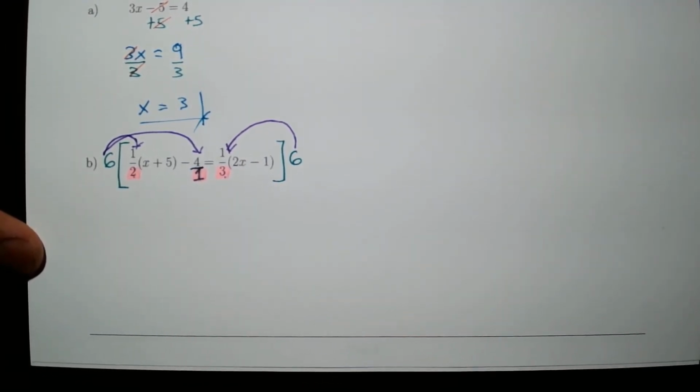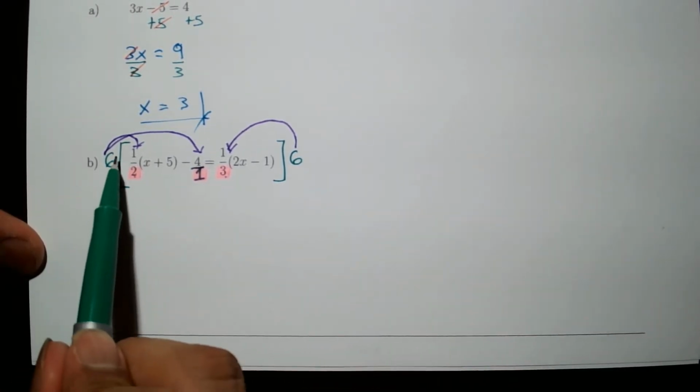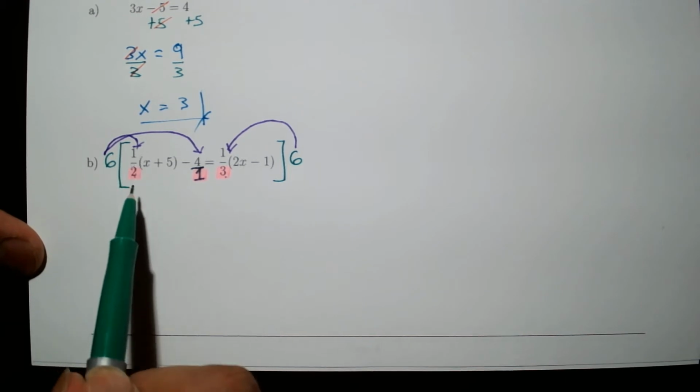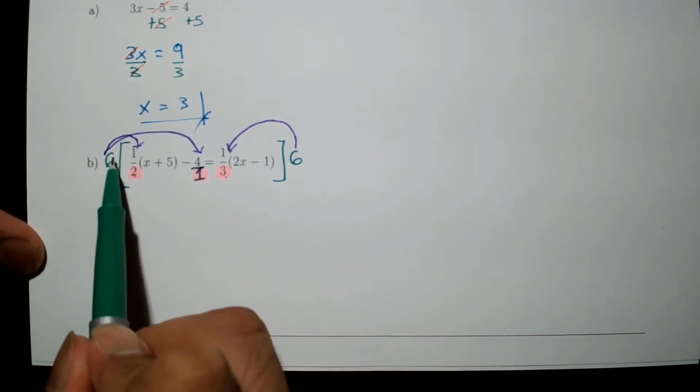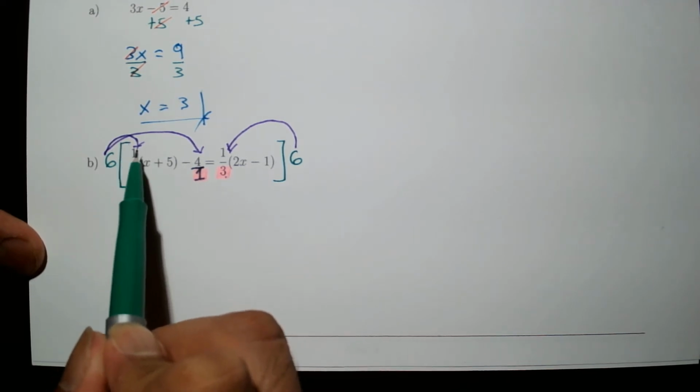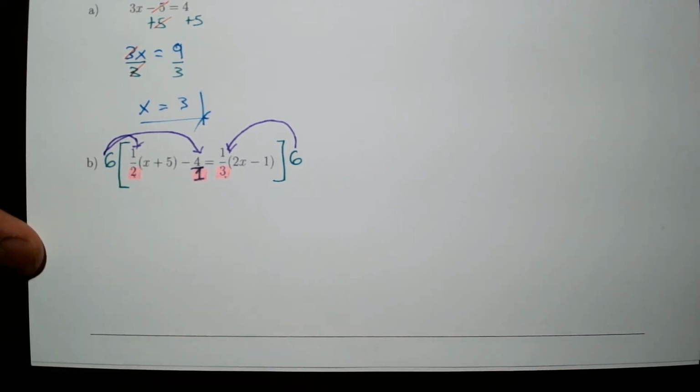Keep in mind that when we multiply an integer times a fraction, we only multiply the integer with the numerator of the fraction, not both. So this is what we're going to get.